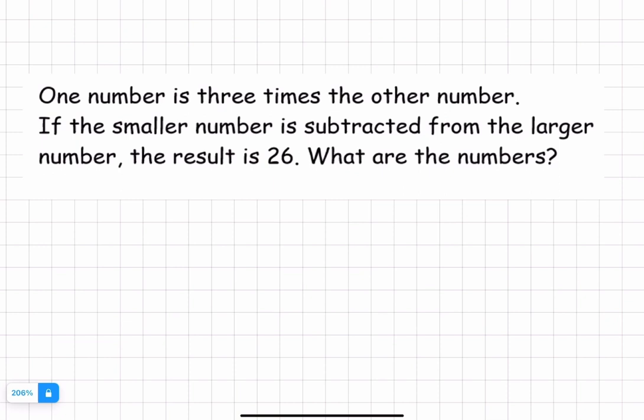One of the numbers, let's call this the larger number, and let's call one of them the smaller number. The larger number is 3 times the other number, the smaller number. So L equals 3 times the smaller number, right?